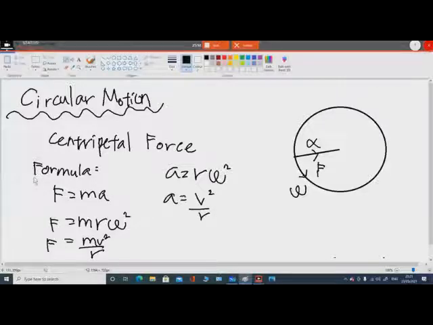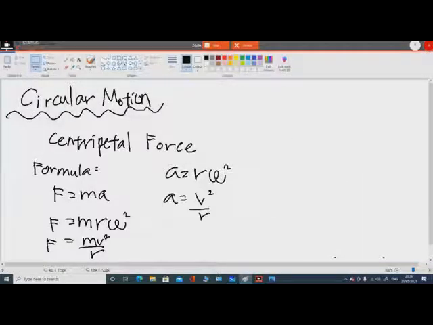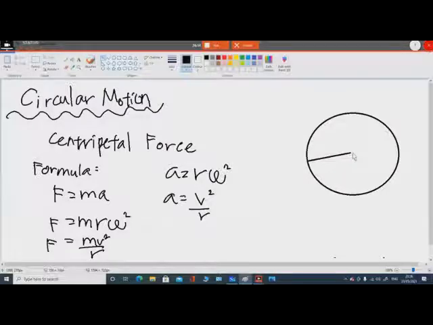One thing needs to be reminded. Let me draw another circle here. So this is my circle. This one will be a line and two lines.